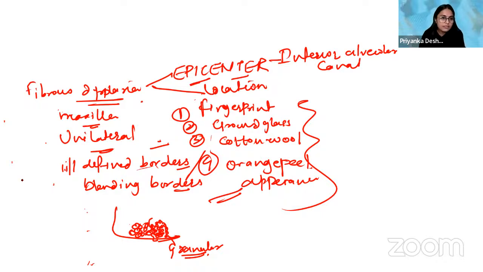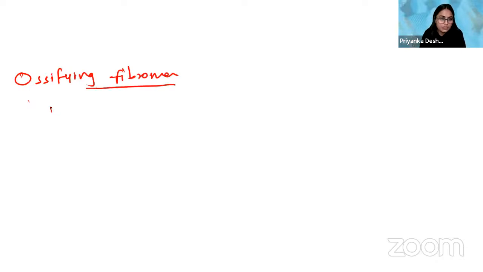Fibrous dysplasia shows three stages basically. And we are going to differentiate with ossifying fibroma. So ossifying fibroma mainly occurs as a unilocular entity. Most common location is the posterior mandible.